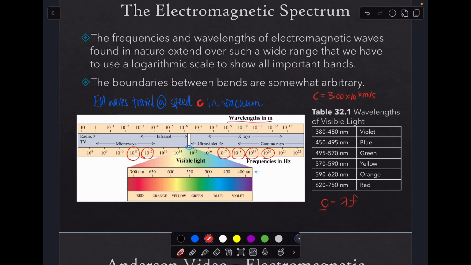Speed is equal to wavelength times frequency, right? Think of the units here. The units make sense, right? Frequency is 1 over seconds, wavelength is meters. Multiply them together, you get meters per second. So everything in this chart is related by this relationship here.